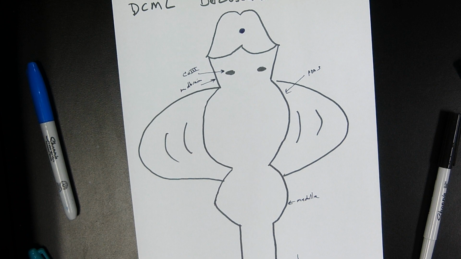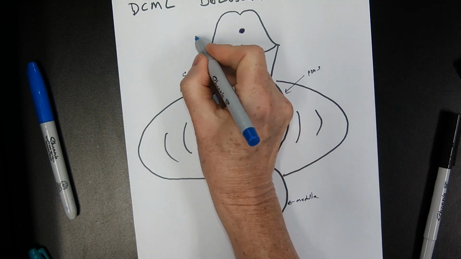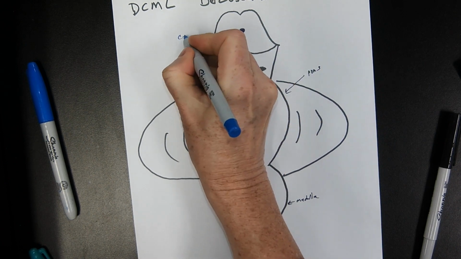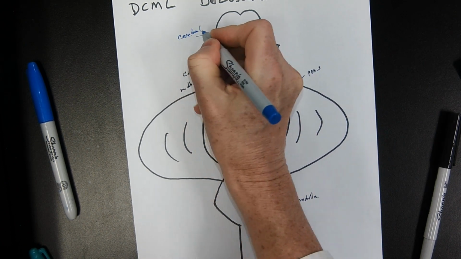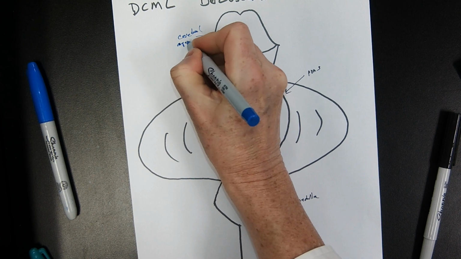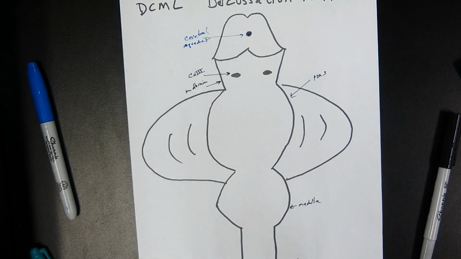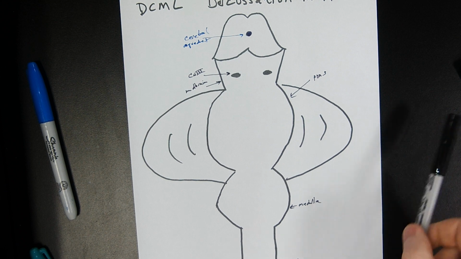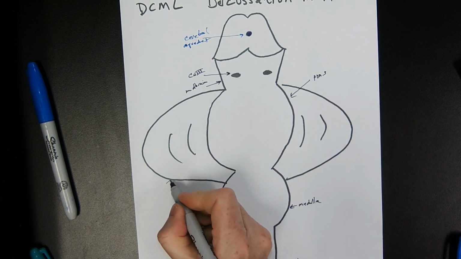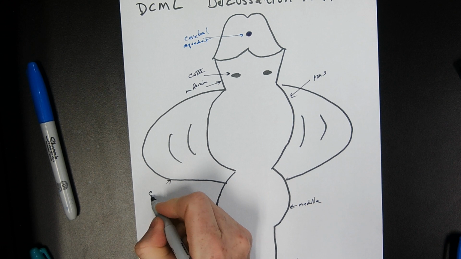Anybody remember? You got it, cerebral aqueduct. Good job. So this is your cerebral aqueduct. Okay, do you see where we are? And this back here, so you're looking at the front view, this is going to be my cerebellum.